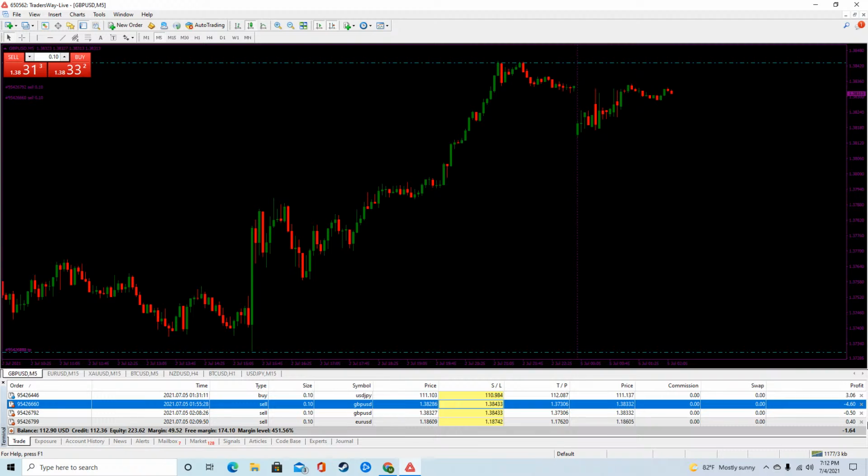The Euro USD is getting in profit, big time, good. GBP USD, the second trade I took, is in profit now, and UJ is in profit. The horrible trade I took on GBP, the first trade, is negative $4. I think in the long term it'll get back into profit.